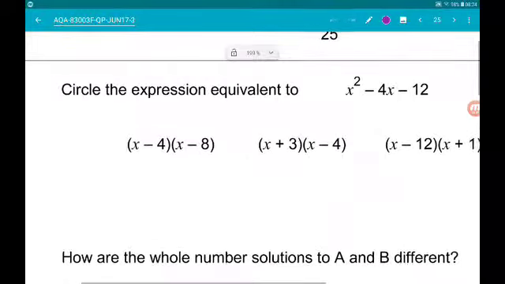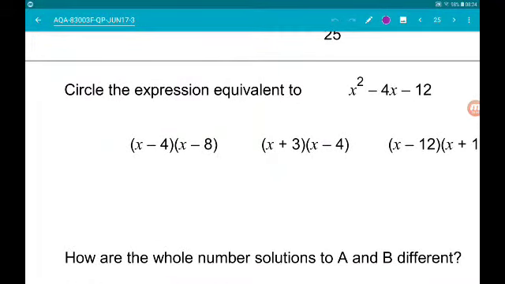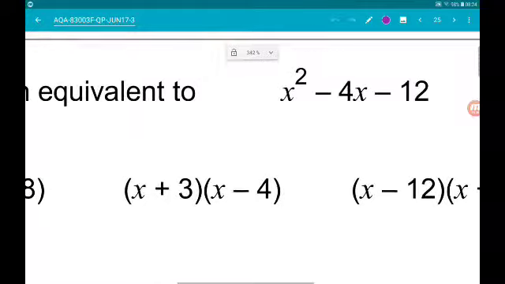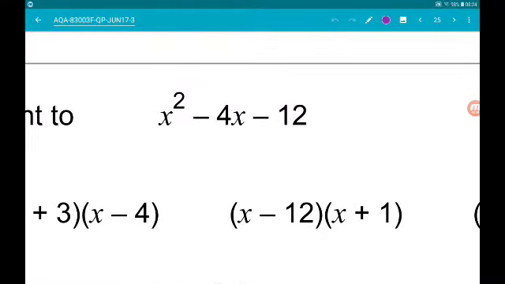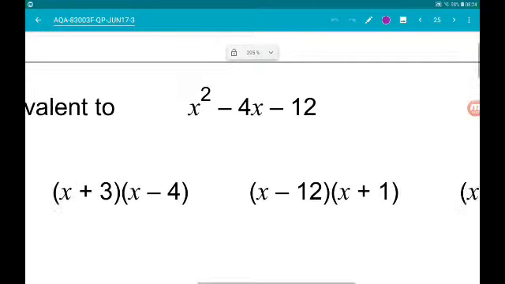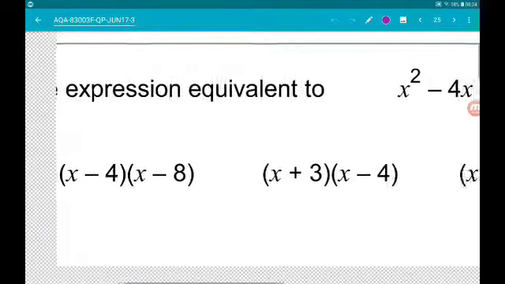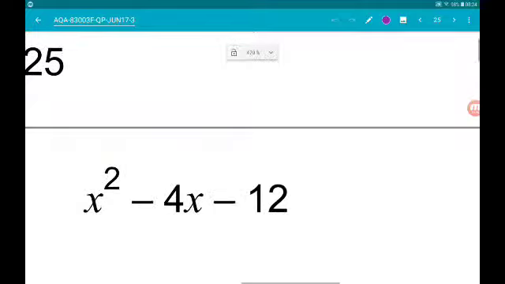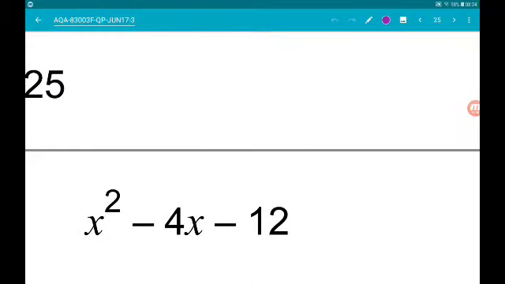Okay, 26. Circle the expression equivalent to x squared minus 4x minus 12. Okay, so they're all in brackets, so let's put it into brackets. So with a quadratic like this, we need two pairs. Now each one has an x.